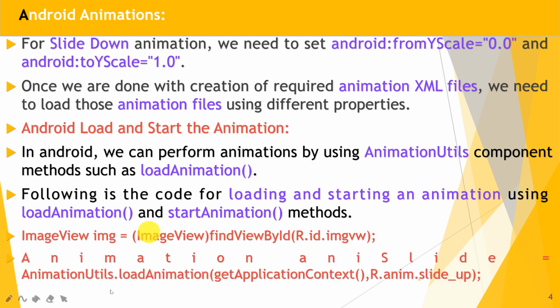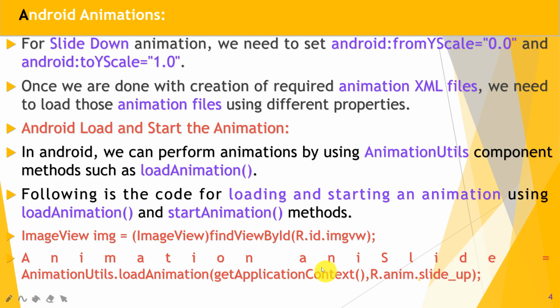Then create the object of Animation by using the loadAnimation method. The AnimationUtils class's loadAnimation method is static, which we call by using the class name. It returns the object of the Animation class. This instance of the Animation class is animSlide.